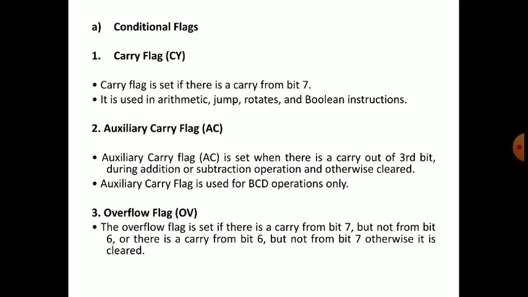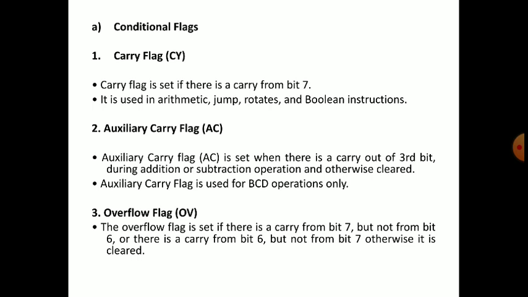So during some mathematical operations, that is addition or subtraction, there is a condition when there is a carry out of this third bit, then the auxiliary carry flag will be set, otherwise it will be reset.